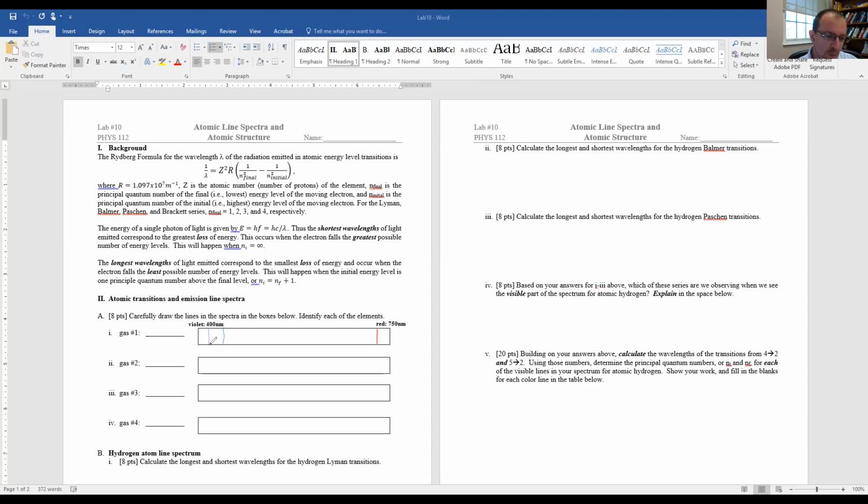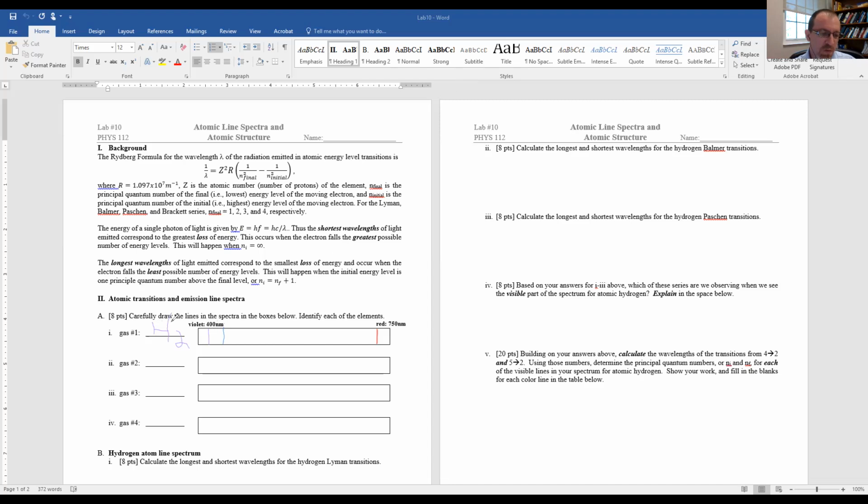And I've got the purple right there. And so that's what I would do for my emission spectrum for hydrogen. And here I can put H2. Okay, that's what I would do for my emission spectrum for hydrogen.